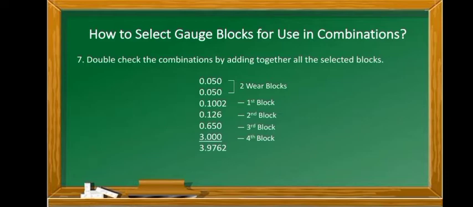Meaning, we have selected the correct blocks that will have a total length of 3.9762 inches when combined.